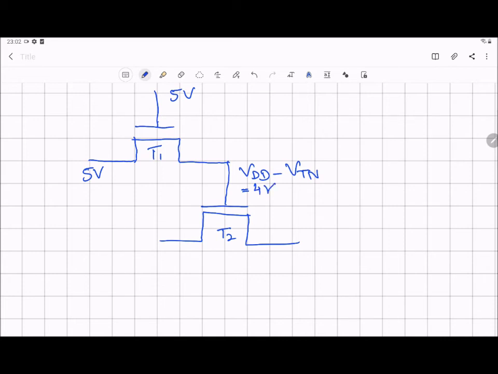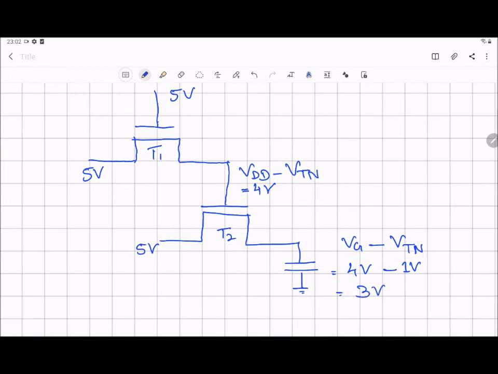Now let us assume that if we apply an input of 5 volt at the drain terminal of transistor T2, the source terminal will have the maximum voltage across it of Vg minus Vt, and that is going to be 4 volt minus 1 volt is equal to 3 volt.